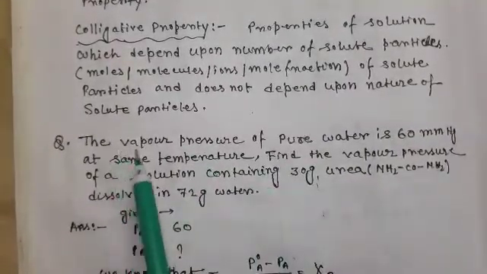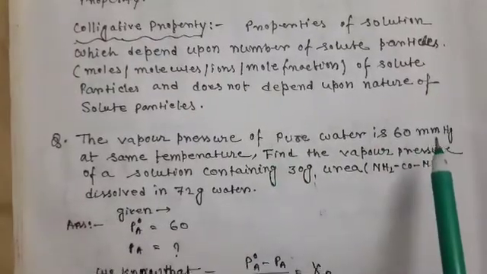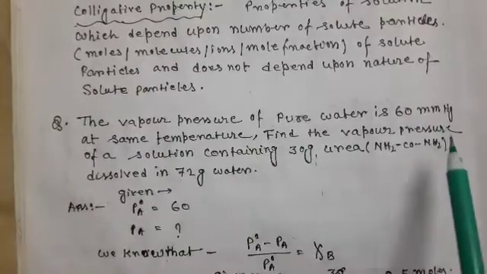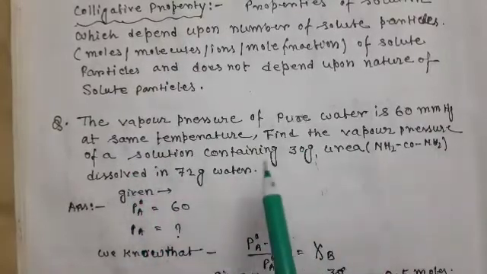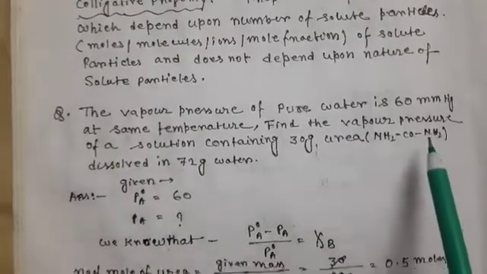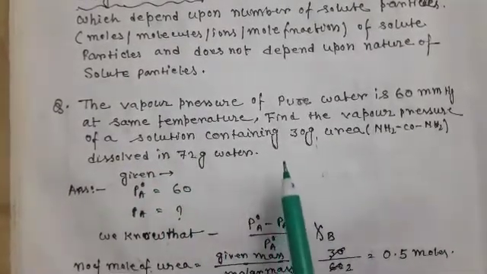The question is: the vapor pressure of pure water is 60 mmHg at the same temperature. Find the vapor pressure of a solution containing 30 gram urea dissolved in 72 gram water.